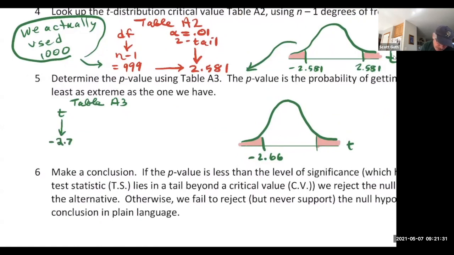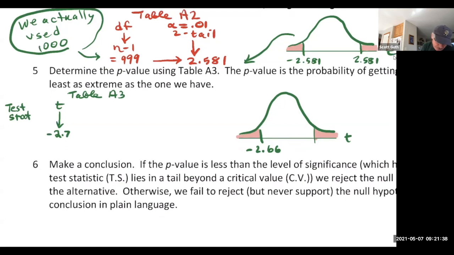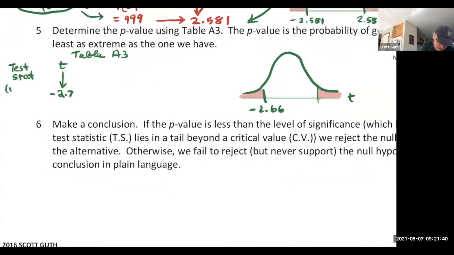That's our test stat, rounded a little. And then degrees of freedom.